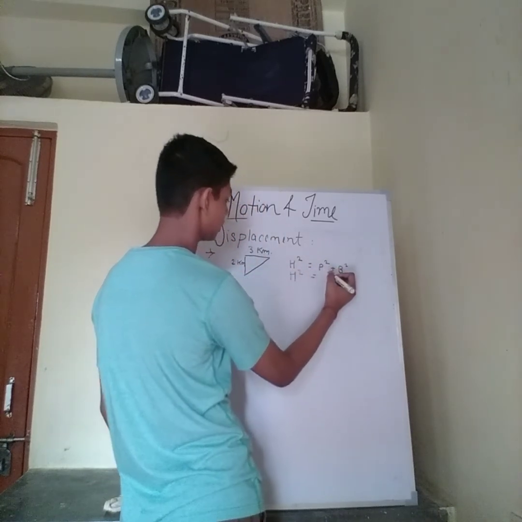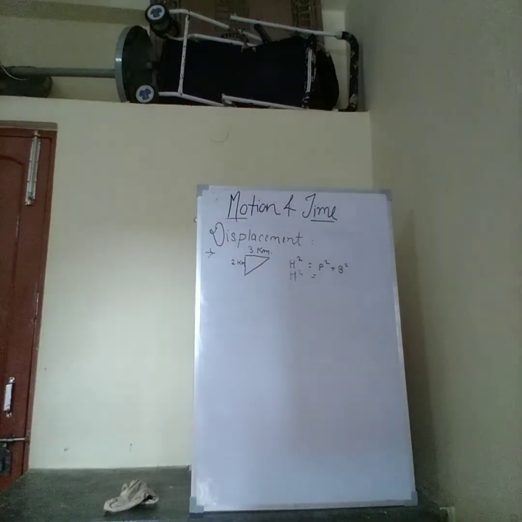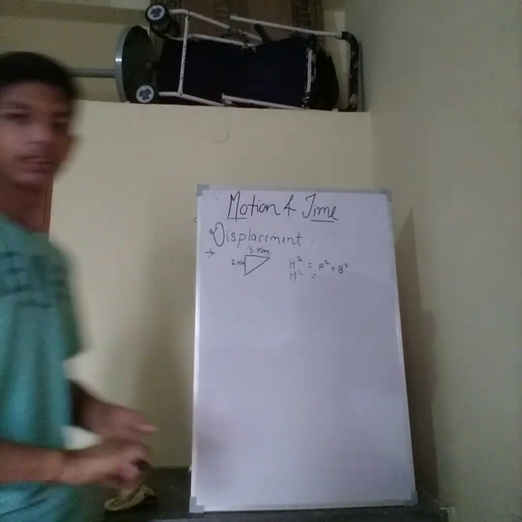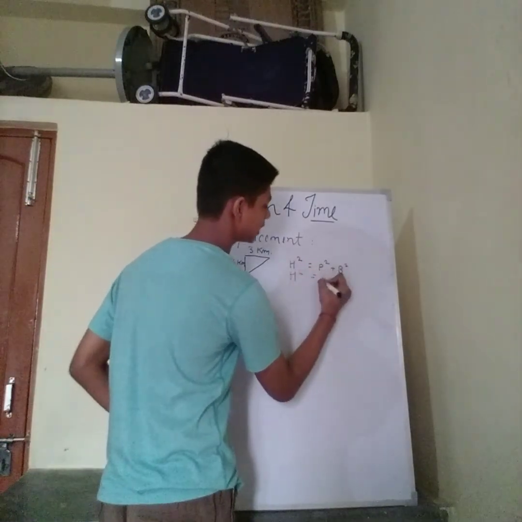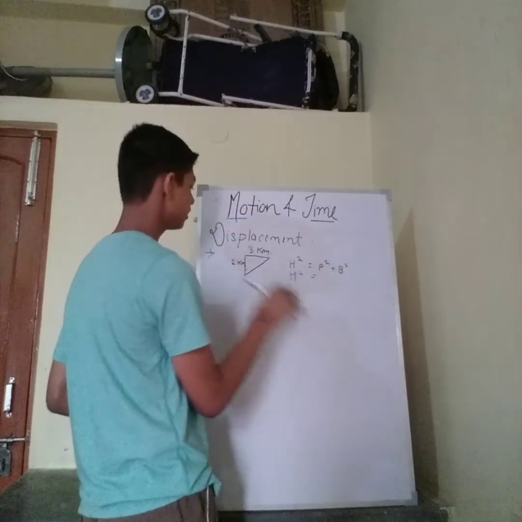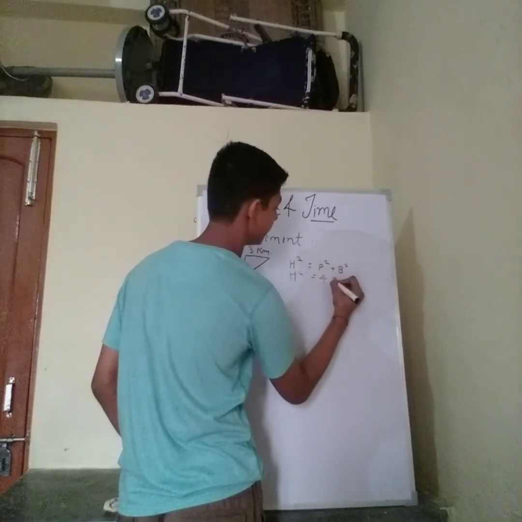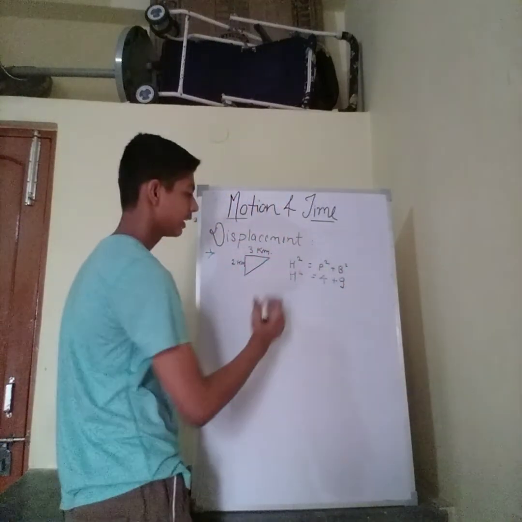H square is equal to P square plus B square. Our perpendicular is 2, so 4, plus base 3, which is 9.